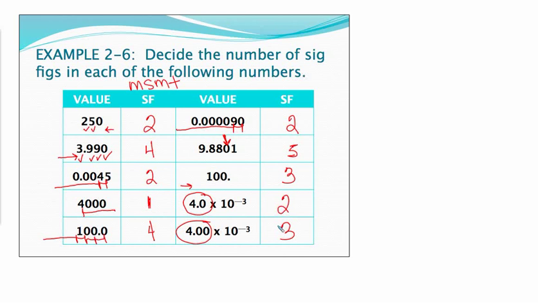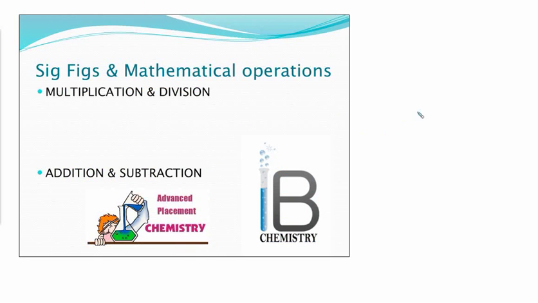Now what we need to do is take a look at how mathematical operations affect our number of significant figures, because we'll often be doing mathematical operations and we want to report that final value, and again, we don't want to mislead people. So we're going to start with significant figures, the rule for multiplication and division. Those rules happen to be the same. And what we do is we look at our original values.